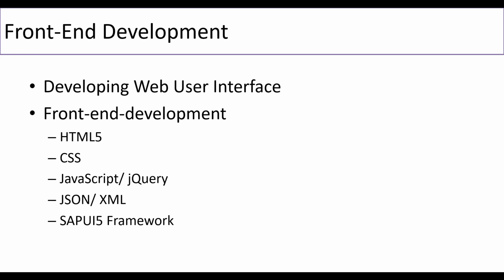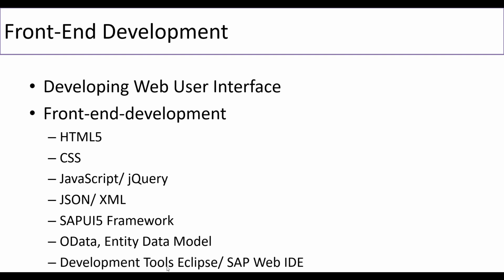I'm taking into consideration that I have to develop a front end right away. So what are all the skills I need to have? You should be able to consume OData services to interact with the data. In that context, you should know the entity data model and development tools like SAP Web IDE mainly, and the second option is Eclipse.